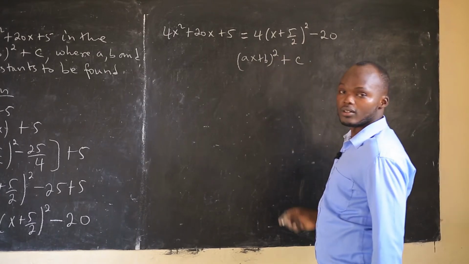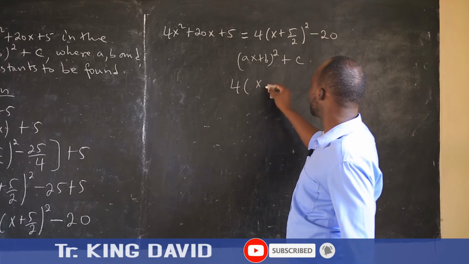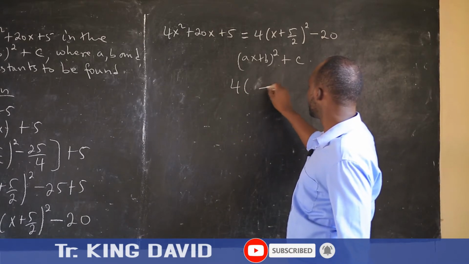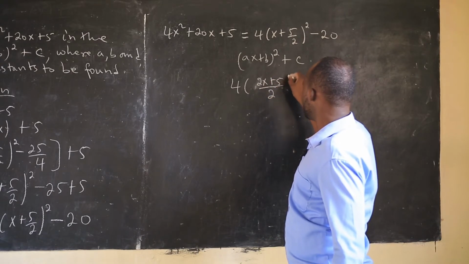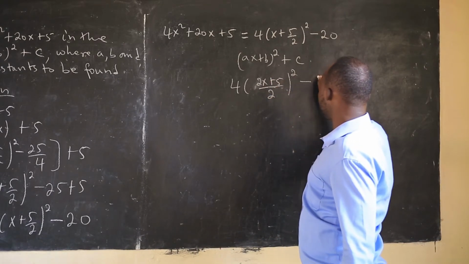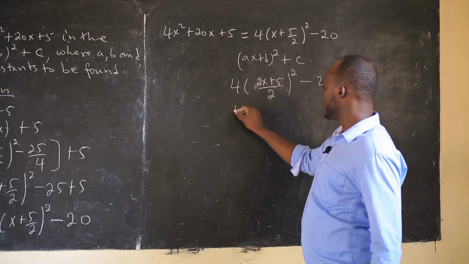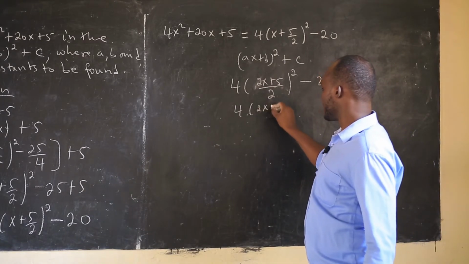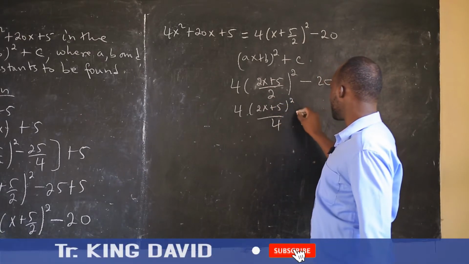Let us do LCM there. So get 4, LCM is 2. So it will be (2x plus 5) squared minus 20. So meaning that this is 4 over 2 squared, (2x plus 5) squared. 2 squared is 4, minus 20.